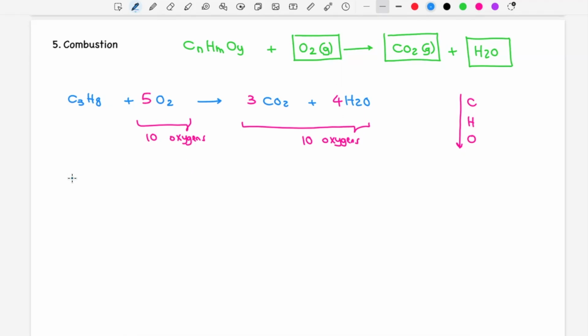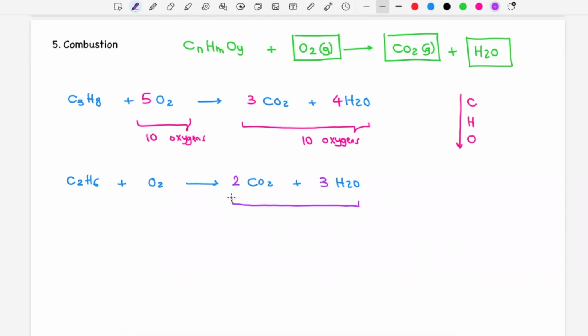But now let's take a look at another case like C2H6 plus O2. Again, writing the products is easy, CO2, H2O. We start with carbon first, 2 carbons on the left, so we put 2 CO2s, 6 hydrogens on the left, so we put a 3 here to match the hydrogens. Now we count the oxygens.